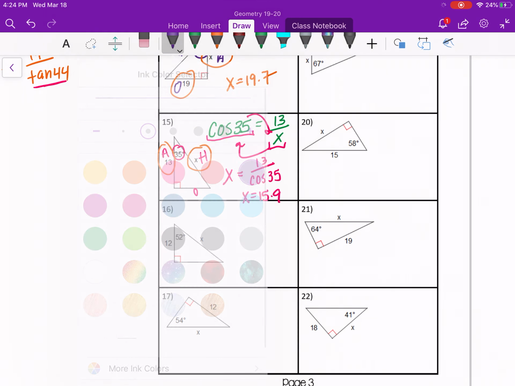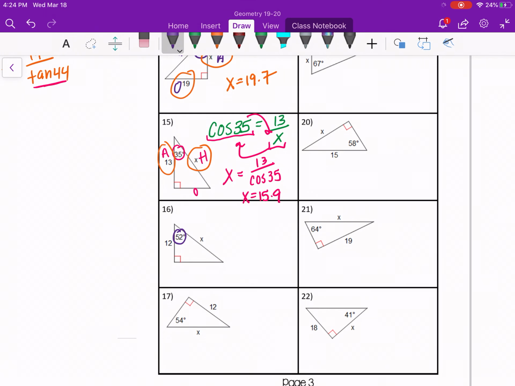I'm going to do this angle, which gives me my hypotenuse, my opposite, and my adjacent. Circle, circle. Cosine of 52 equals 12 over x. So I get to do my little switcheroo.